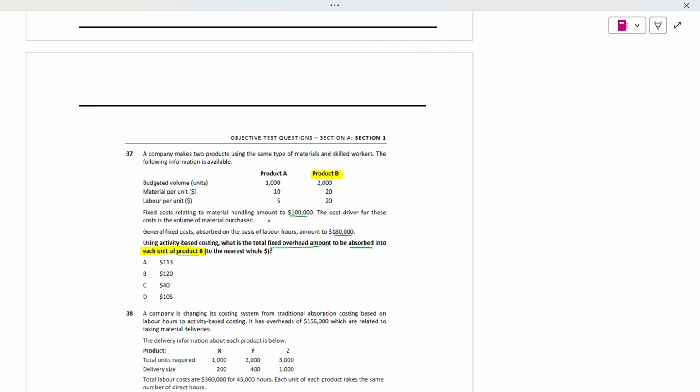So 100,000 over open brackets 1,000 times 10 plus 2,000 plus 20. 2,000 in the same bracket, over 100,000.